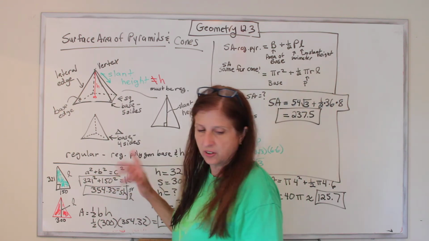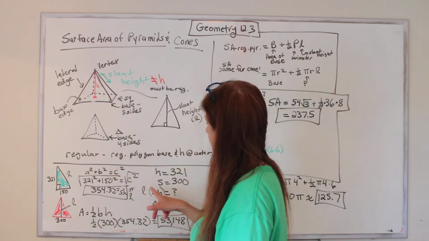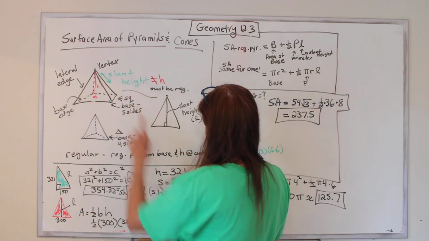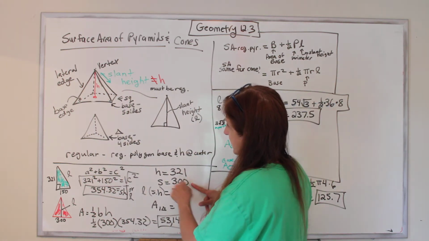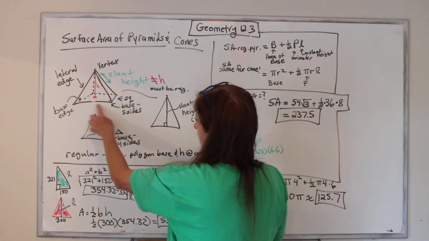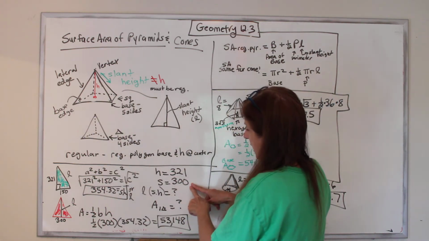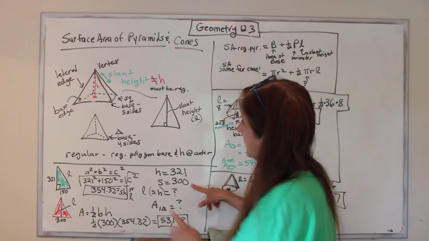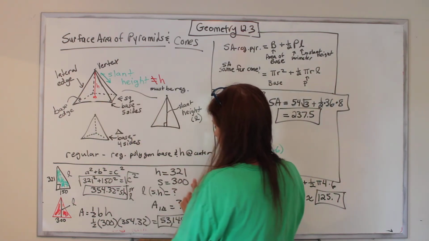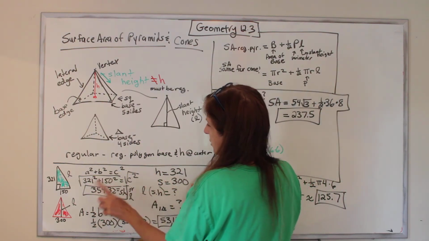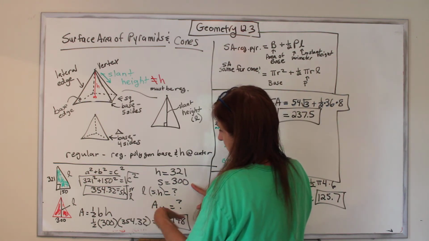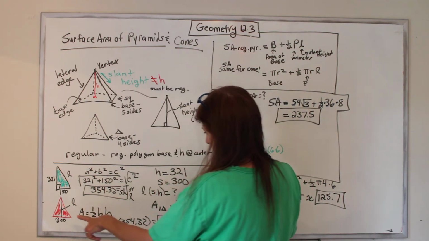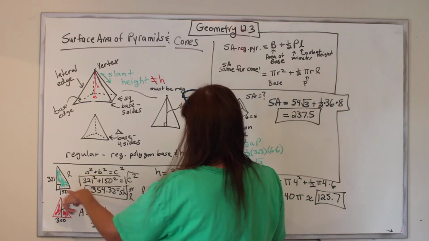All right, so this is the first example, and this time our height right here is 321, and our side right here is 300, and it is this square pyramid that we're looking at. So first of all, what they want is the area of this little triangle.